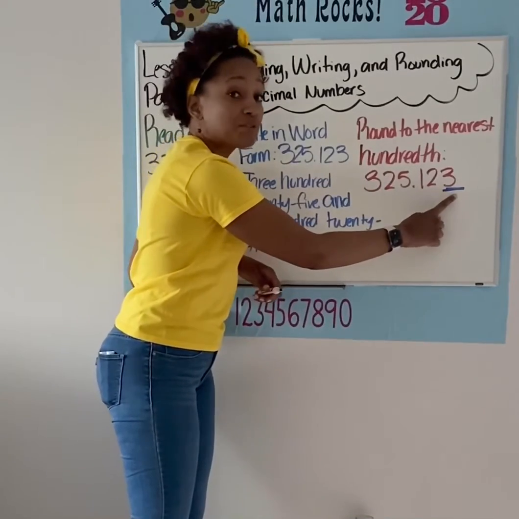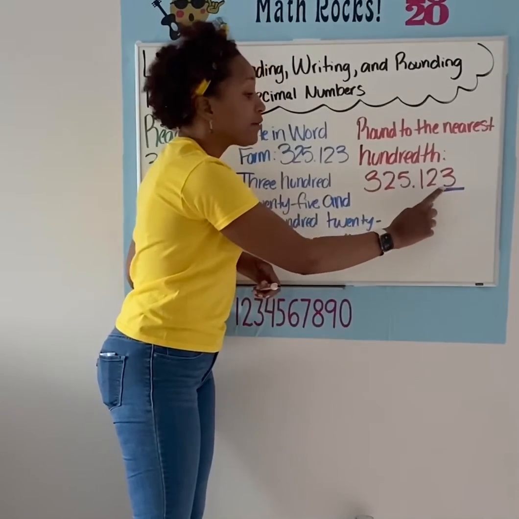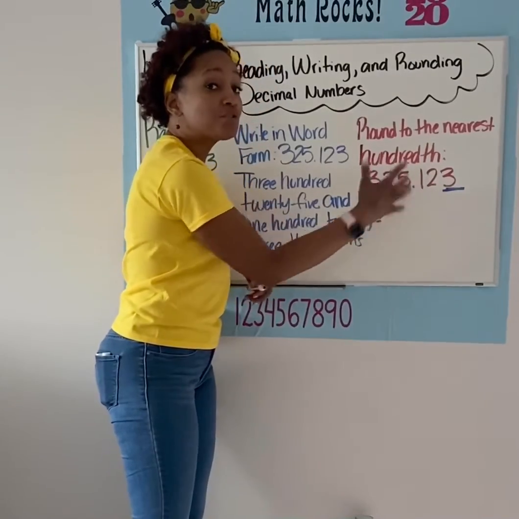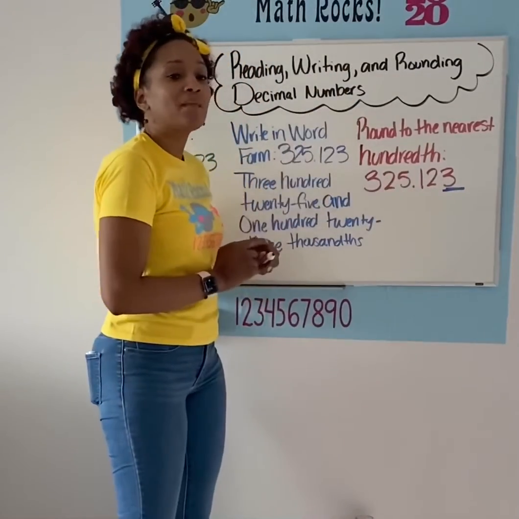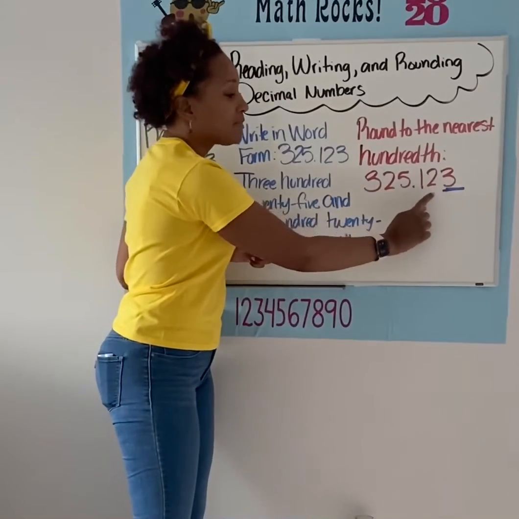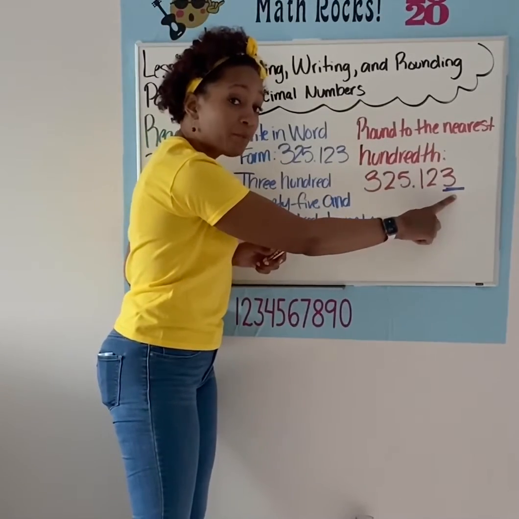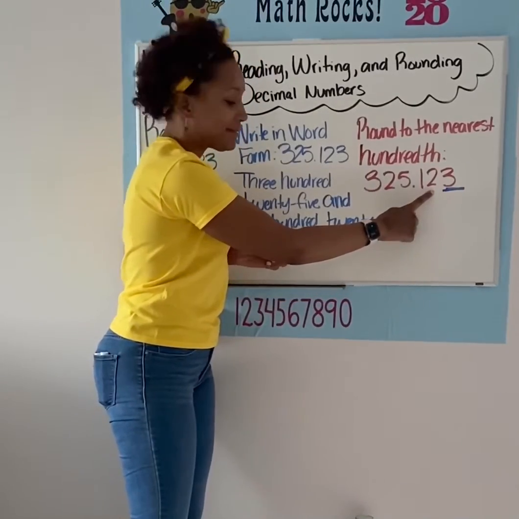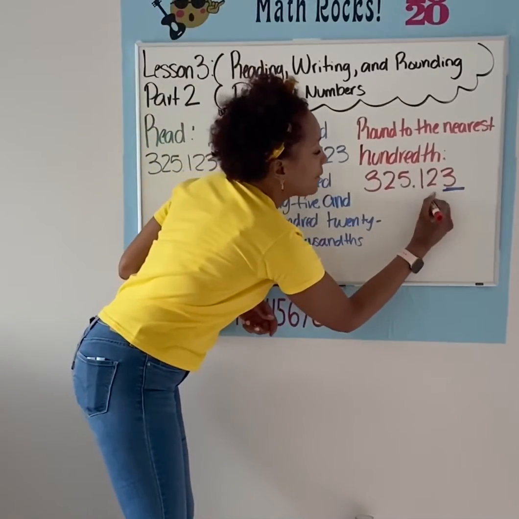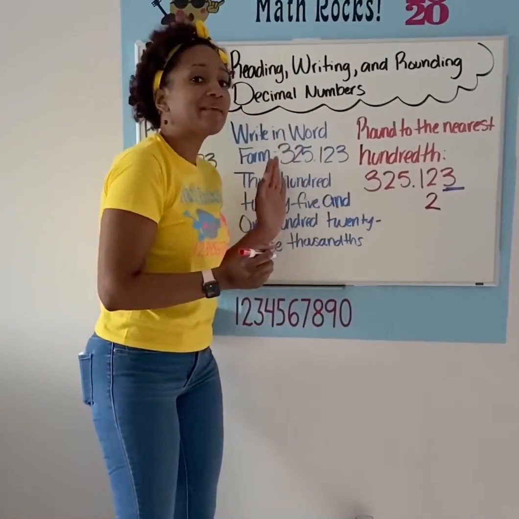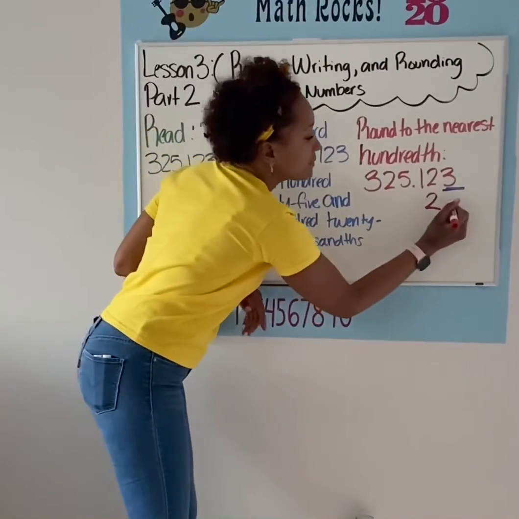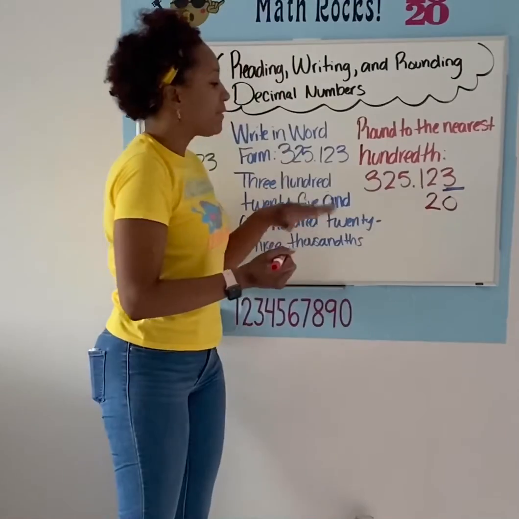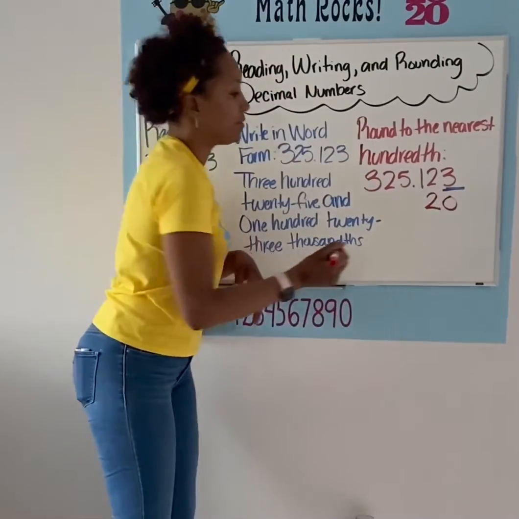If the number next door is 5 or more, you're gonna add to the score, which means the 2 will go up to a 3. But in this case, the number next door is a 3, which is 4 or less, so we're gonna let our 2 rest. So we're gonna recopy our 2, and remember, anything after the number you rounded becomes a 0, and then you're just gonna recopy all your other numbers.